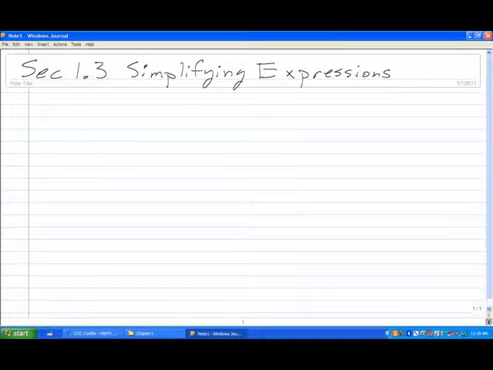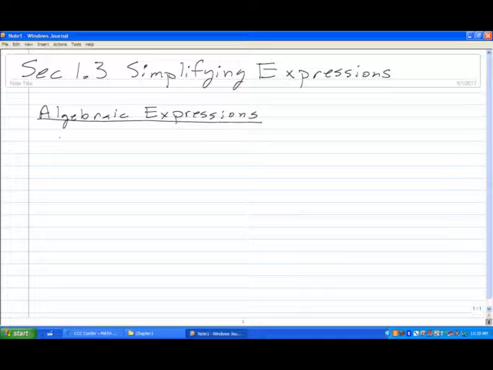So an algebraic expression consists of terms.